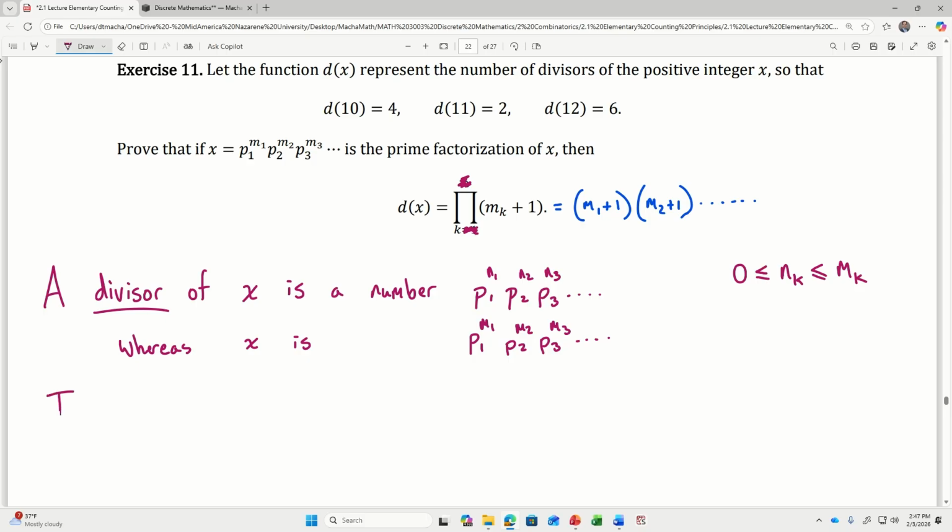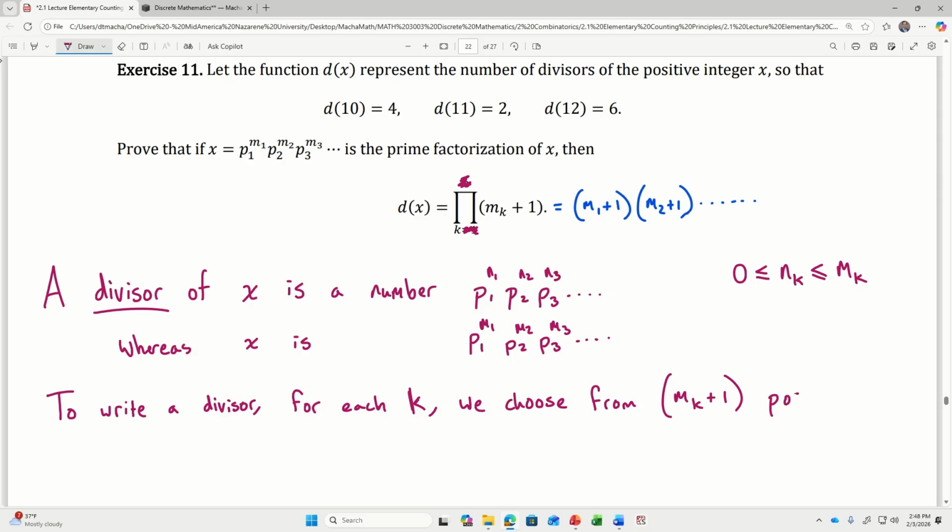So to write a divisor, for each number k we choose from mk plus 1 possibilities.